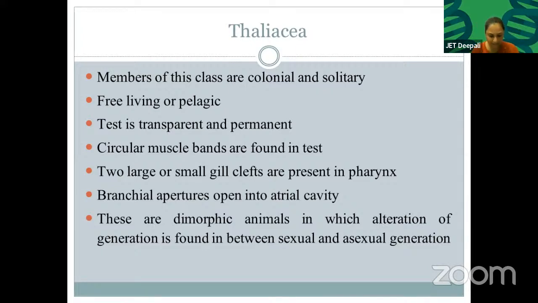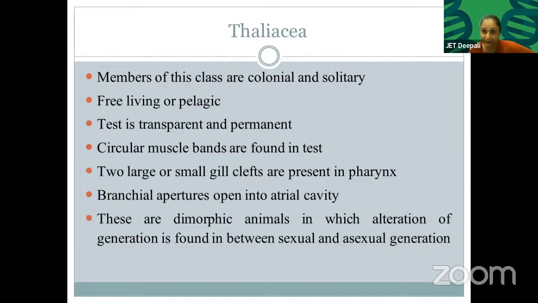Two large or small gill clefts are present in the pharynx. Branchial apertures open in the atrial cavity. See, our lungs and our heart are normally connected. Trunk means heart system, our pericardial cavity, where our heart resides.